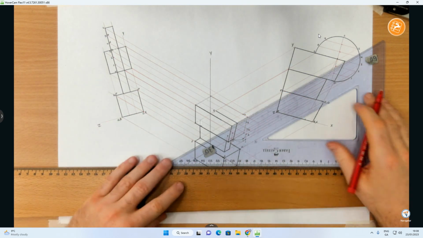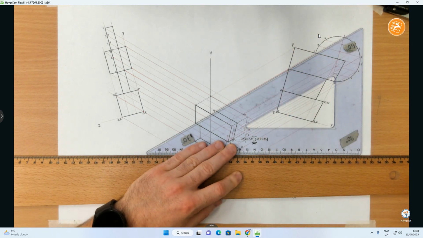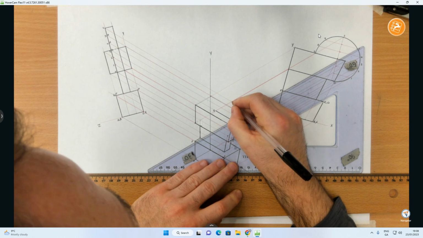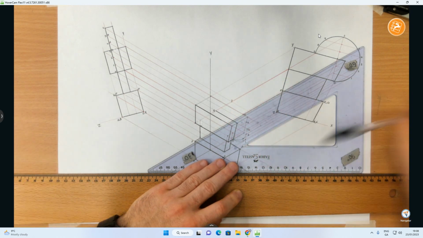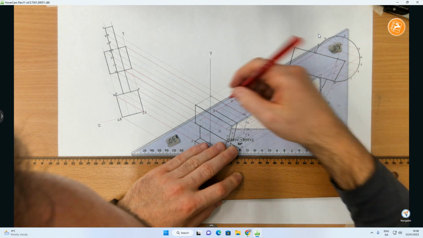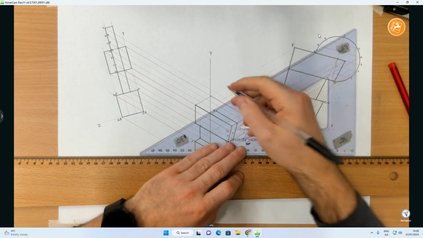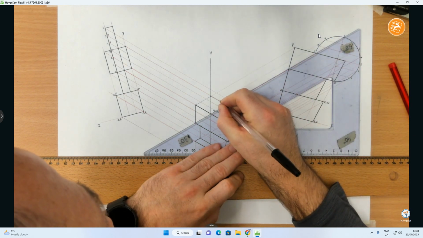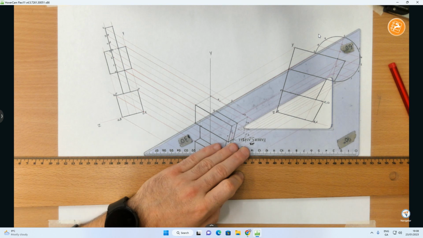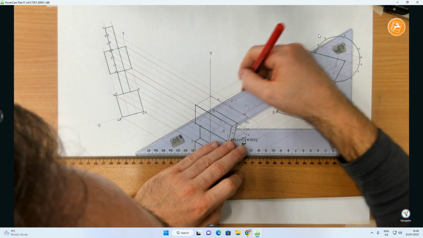I want to find number 6. Continue the sequence. You can see them as you go along. You probably get a little bit quicker. So there's number 6. I want to find number 7, which is on the same line as number 5. So there's number 7. And then finally I want to find number 8, which is on the same line as number 4.